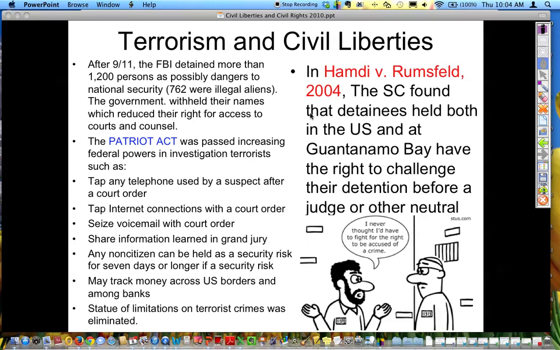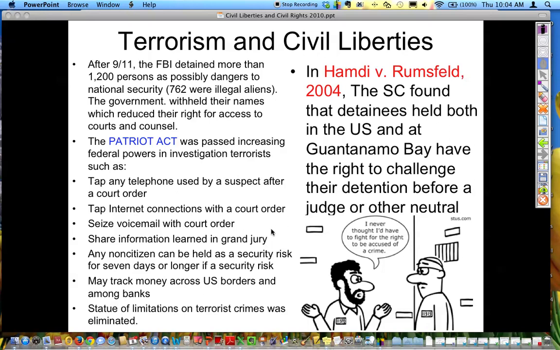There is a famous court case called Hamdi versus Rumsfeld. Rumsfeld was the current Secretary of Defense, so therefore was named in the case. And in this, Hamdi was one of these people who had been arrested. The Supreme Court found that detainees in Guantanamo Bay or held in these prisons, held in the U.S. or in Guantanamo Bay, have the right to challenge their detention before a judge or other neutral party.